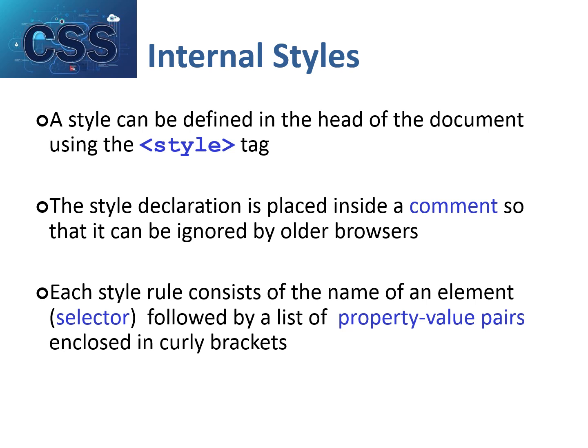Each style consists of the name of the element that is selected, followed by a list of property value pairs enclosed in curly braces. So after the style tag we specify the selector element, then the declaration block which contains the property value pairs.